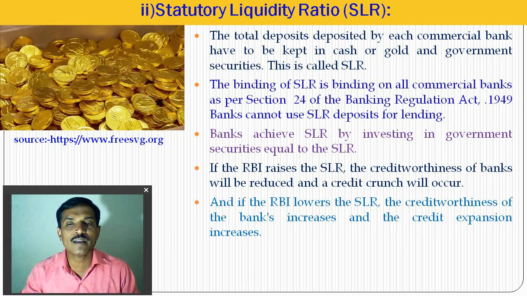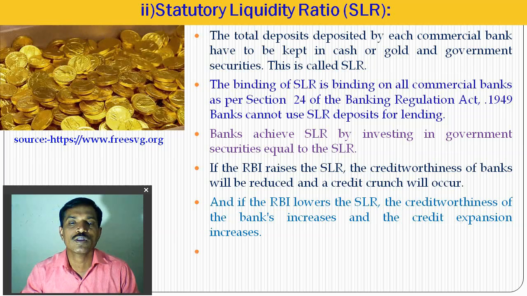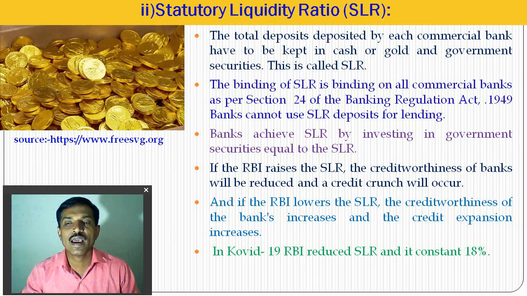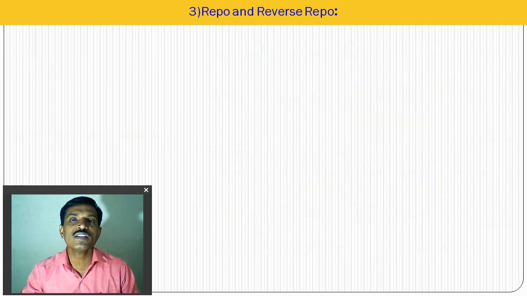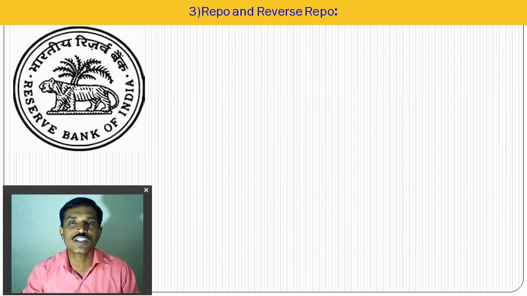And if the RBI lowers the SLR during a recession, the credit worthiness of banks increases and credit expansion increases. So, in this pandemic situation, COVID-19, RBI reduced the SLR and it is constant at 18%. The next is repo and reverse repo, meaning repurchase option and reverse repurchase option.